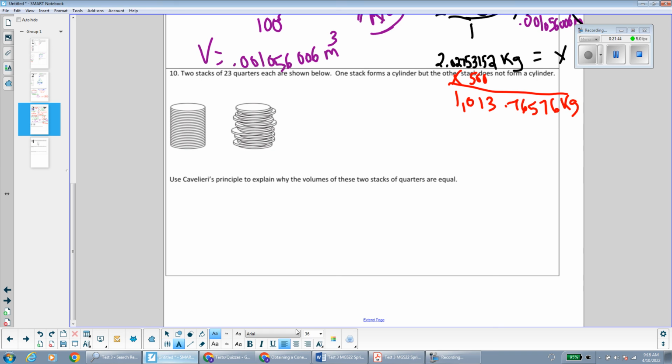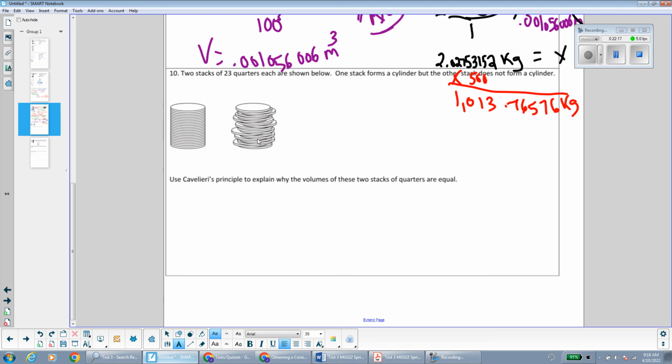What Cavalieri's principle says is that if two solids have the same cross-sectional area throughout, so what that means is that if we're looking at two solids that have the same cross section parallel to the base as you go down, then they will have the same volume as long as they have the same cross-sectional area and the same heights.